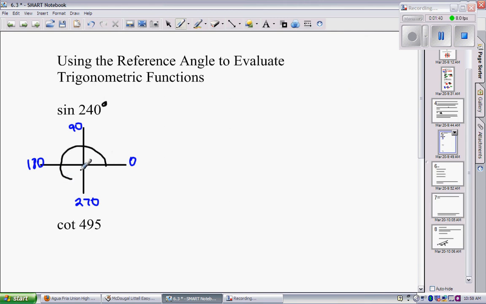So it stops over here. We are closer to the left side of the x-axis, so we need to get our reference angle. 270 minus 180 gives us 60.